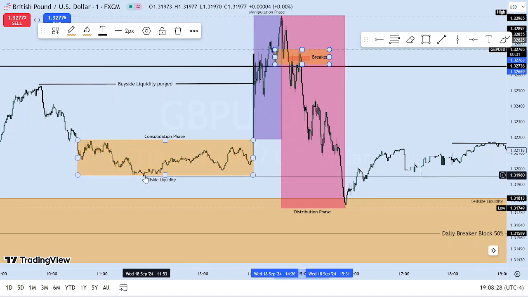The liquidity resting below, which has not been taken, is untouched yet. So you can short here in our breaker. Then we have a small fair value gap there. You can short around this time of the day, 2 to 3 p.m. It's a high probability. You can short and take your profit here.